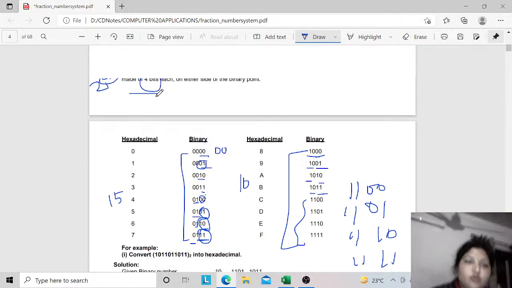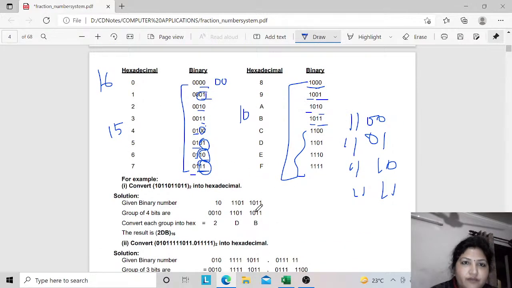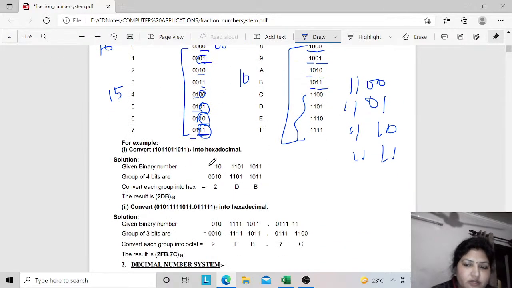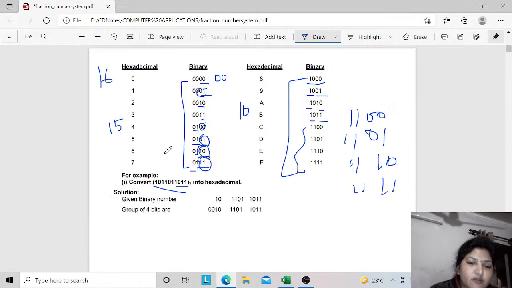And over here we know that because it's a hexadecimal number, you have 16 as a base. Let us see what the binary representation for it is. Over here we don't have any fraction part, so directly we can solve it. We can make a combination of groups of 4 digits because it is 2 raised to the power 4.